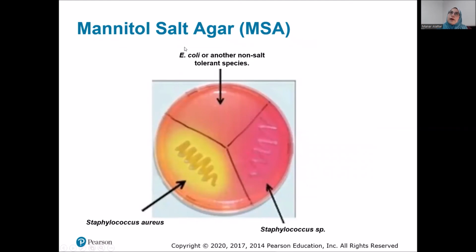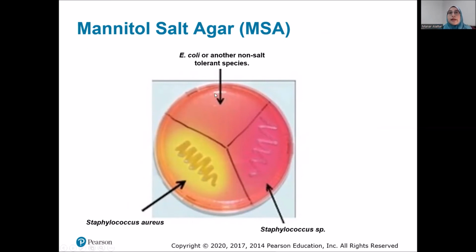Similarly, we have the mannitol salt agar, which inhibits the growth of any organism that is not salt tolerant. And this is specifically to see if a patient has a Staphylococcus aureus infection.